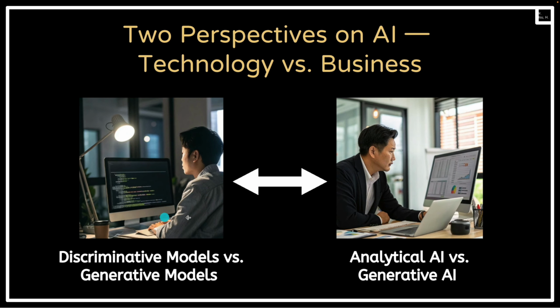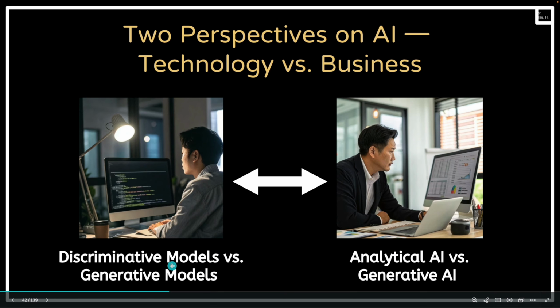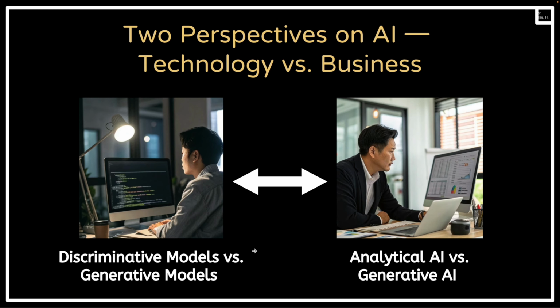So we shift to a different kind of classification. This slide is visually structured as a comparison between two perspectives. On the left, we have the engineer's perspective. Discriminative models versus generative models. On the right, we have the manager's perspective.